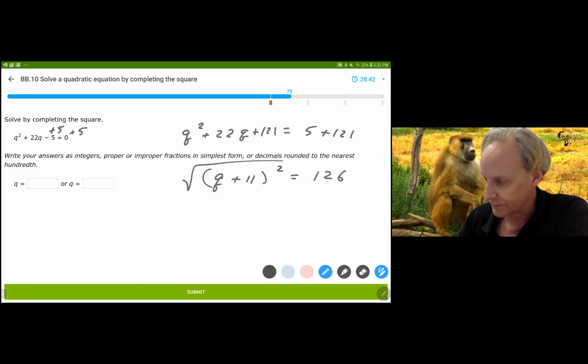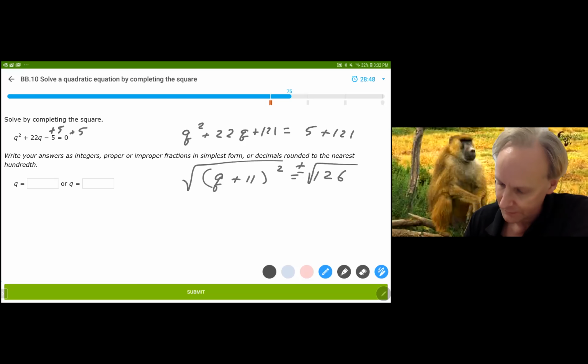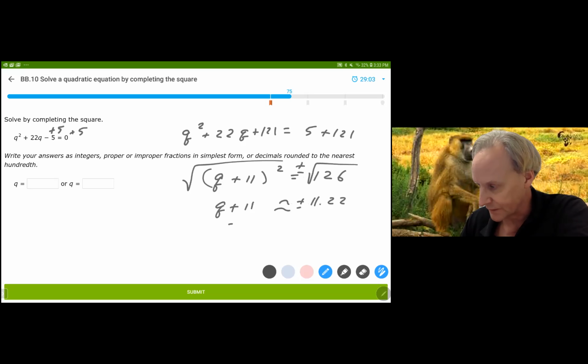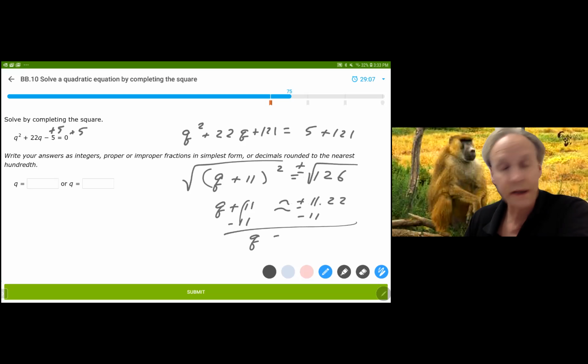And we're going to take our square root and put our plus or minus, and it's going to be between 11 and 12, so about 11.3. 11.22, sorry. And we have Q plus 11. We're going to subtract 11. And I think this will probably do it for you.